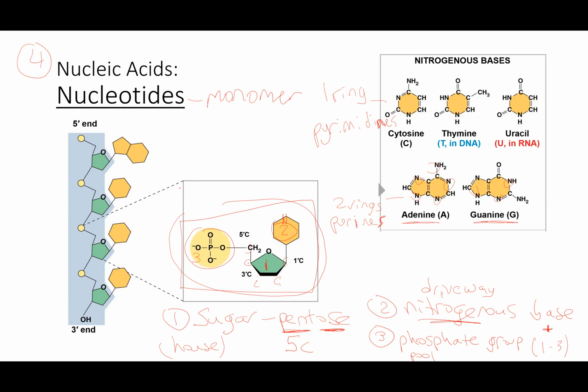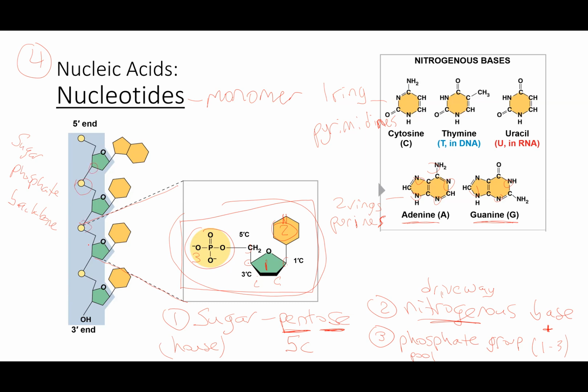You can see this is showing you how that fits in here. So this is showing you what we call the sugar phosphate backbone. So when they bond together, you have the phosphate group bonding to the sugar.